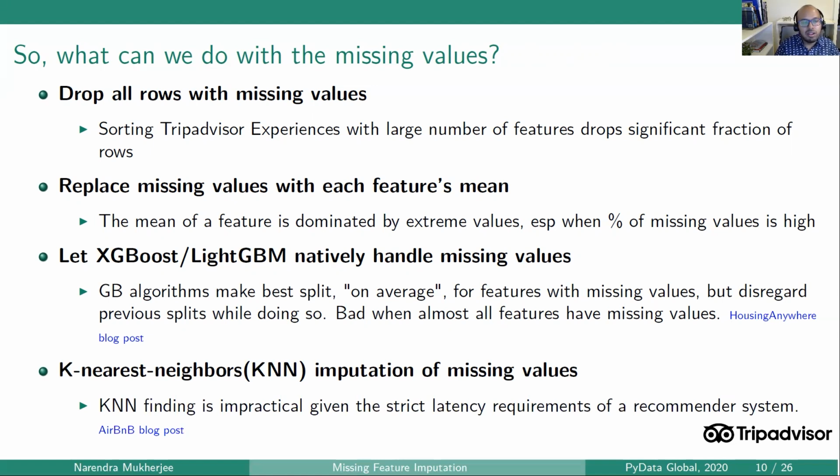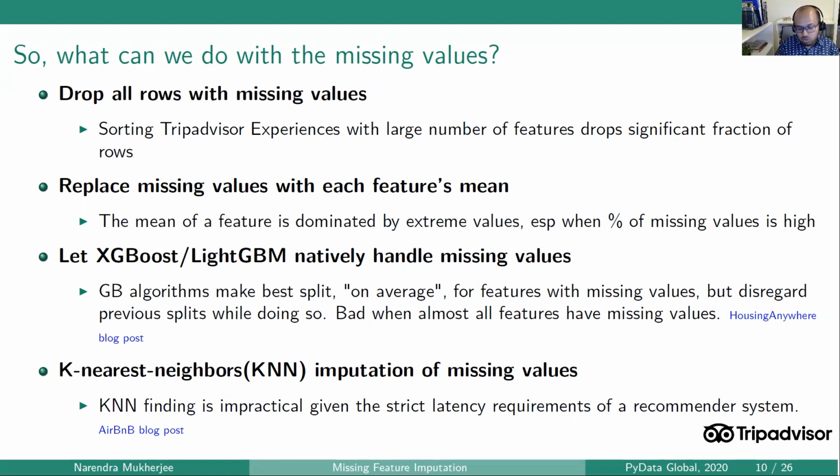K nearest neighbor finding is impractical in a recommendation system, because we have strict latency requirements. We need a list of recommendations to be served within milliseconds to keep the web page responsive. And you can read more on the Airbnb blog post I have linked to here to get an idea of how k nearest neighbors is done in such a situation. So anyways, none of these methods really works for our specific use case.